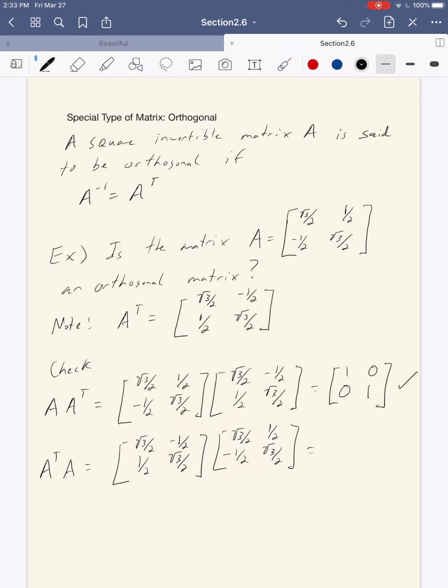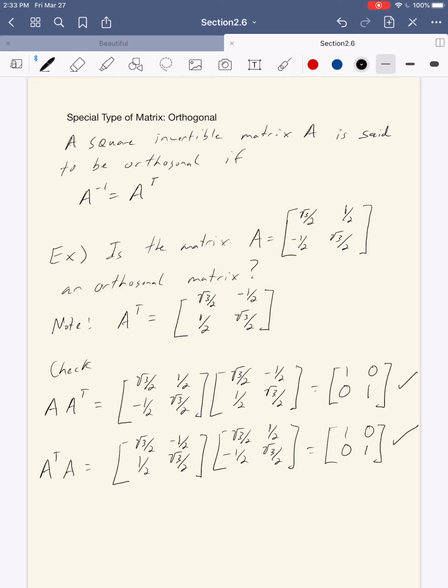Looks like we should get 3 over 4 plus 1/4, so that is going to be 1. Then this row times this column, that's going to be root 3 over 4 minus root 3 over 4, which is 0. This row times this column, looks like we're going to get root 3 over 4 minus root 3 over 4, so that's going to be 0. And this row times this column, which is going to be 1/4 and 3/4, which is going to be 1.